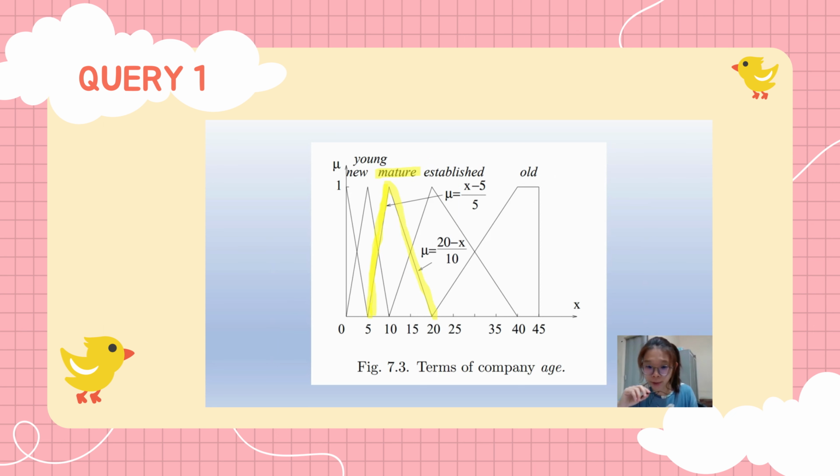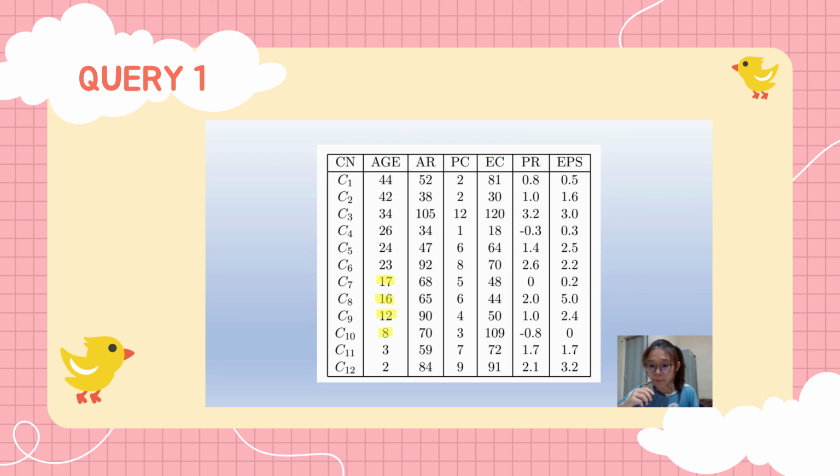Now we look at the terms of company age. For instance, the term mature from the company age is described by a triangular number on the supporting interval 5 to 20. By referring to the table, the values of 8, 12, 16, and 17 of the domain of age, which belong to the interval 5 to 20, have to be matched against the term mature.